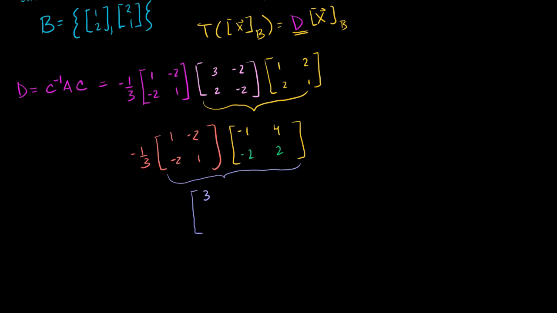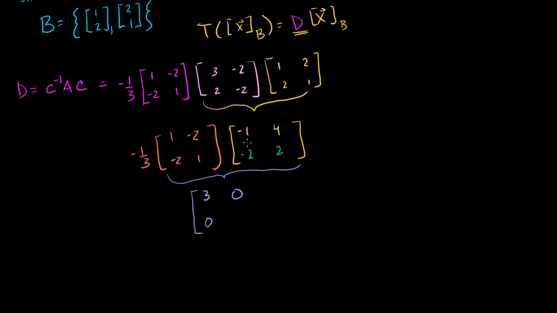And then we go to the next term. We have 1 times 4 plus minus 2 times 2. So that's 4 minus 4, which is 0. And then we have minus 2 times minus 1, which is 2, plus 1 times minus 2. So that is 0. And then finally, we have minus 2 times 4, which is minus 8, plus 1 times 2.